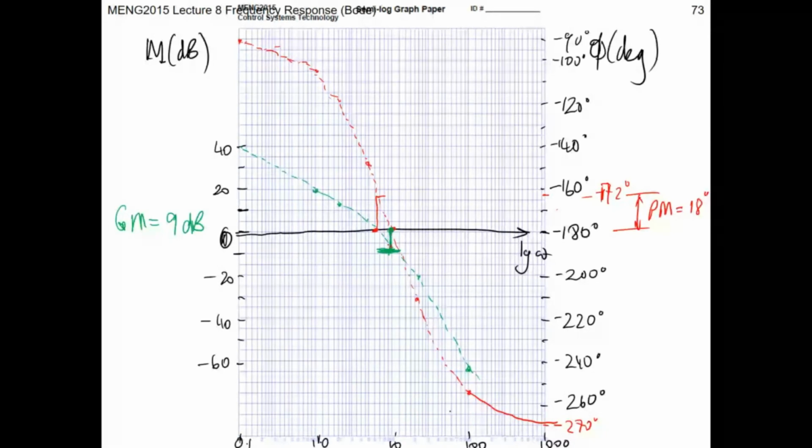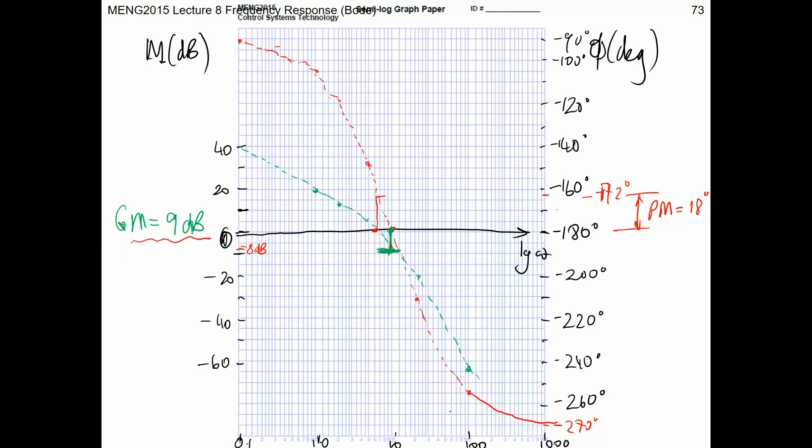About minus 8 decibels. So you could move the green line up by 8 decibels before the magnitude line crosses 0 dBs at the same frequency as the phase line crosses minus 180 degrees. If you do that, you've got 8 to 9 decibels in hand. That's your gain margin.